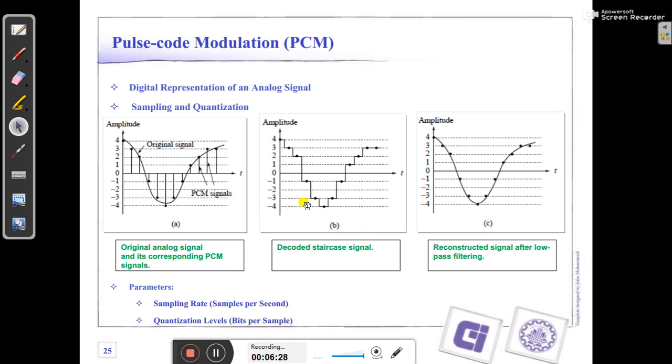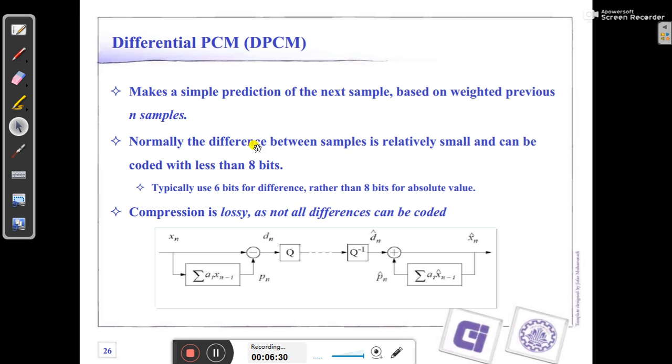In case of DPCM, or differential PCM, we make a simple prediction of the next sample based on weighted previous samples. So the calculation of the next sample is done based on the past sample values. Normally the difference between samples is relatively small and can be coded with less than 8 bits.